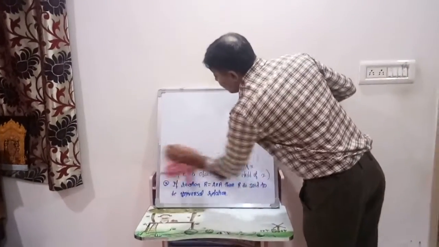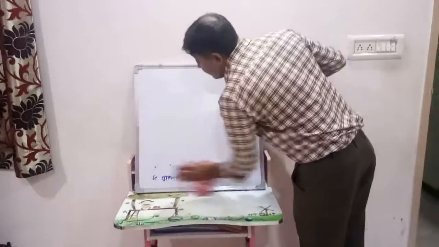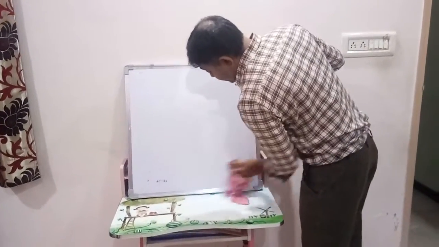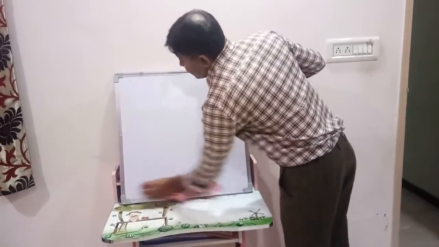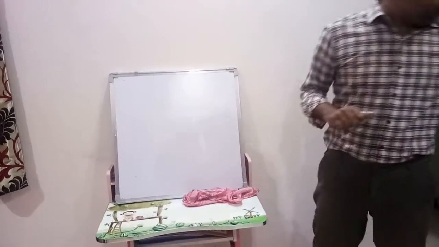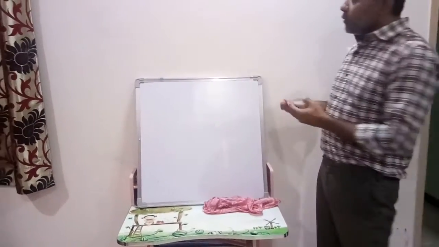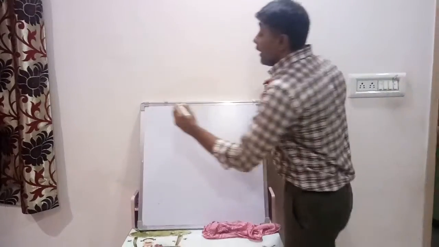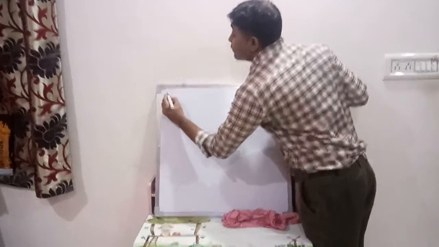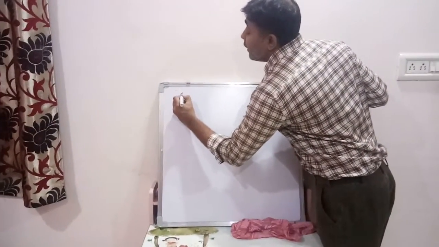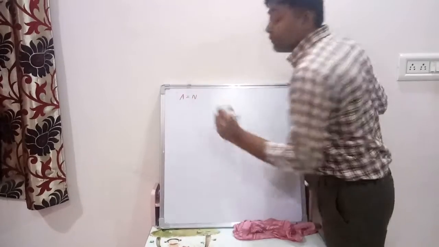Let us see one example related to this universal relation. Suppose set A is n, the set of natural numbers.